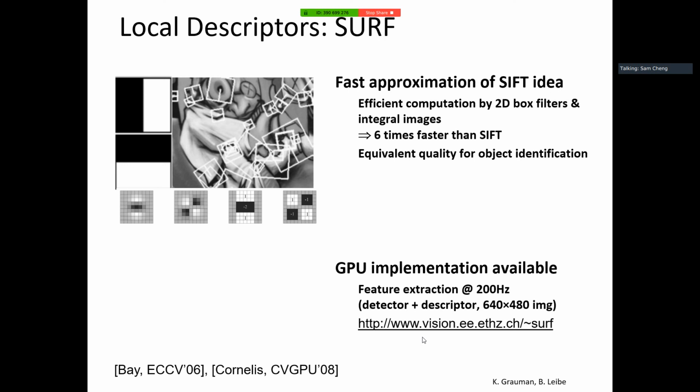Again, a very famous fast approximation of SIFT, and often people now will also use SURF as an alternative to SIFT. And by the way, in OpenCV, there are quite a few different descriptors already implemented, and you can try them out. Besides SIFT and SURF there are a couple that I didn't mention here, but you can take it up.